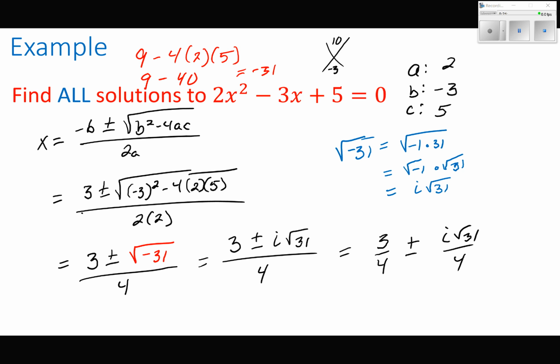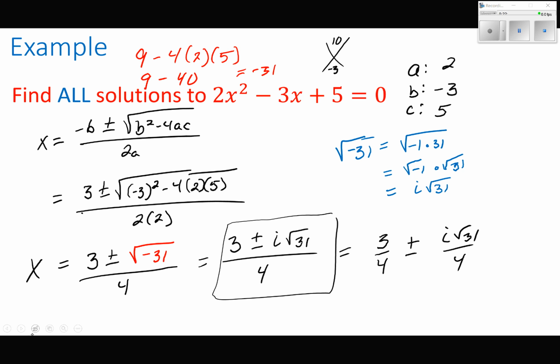That is separating the real and the imaginary parts. But if you got to this step, I would be fine. So this completes to 3 plus or minus i root 31 divided by 4, and again, x equals that.